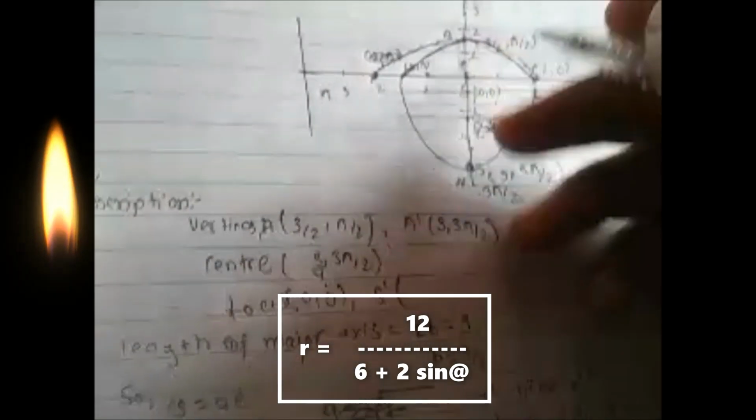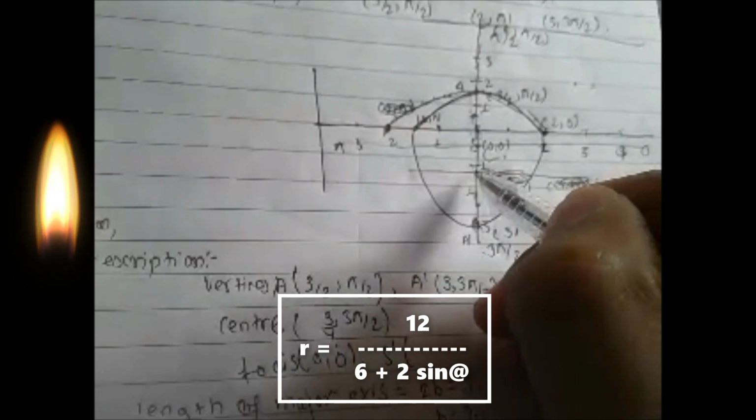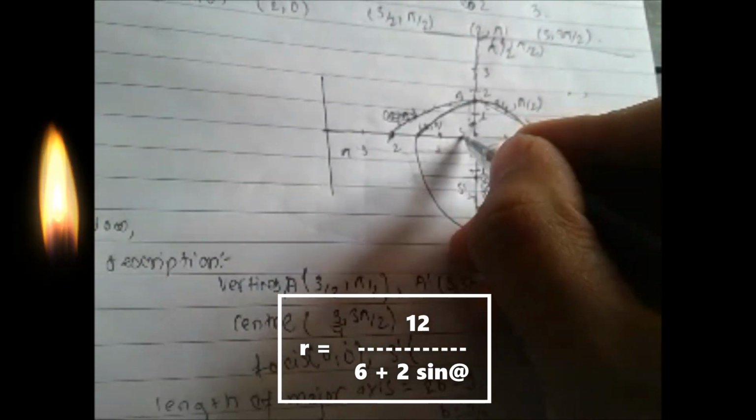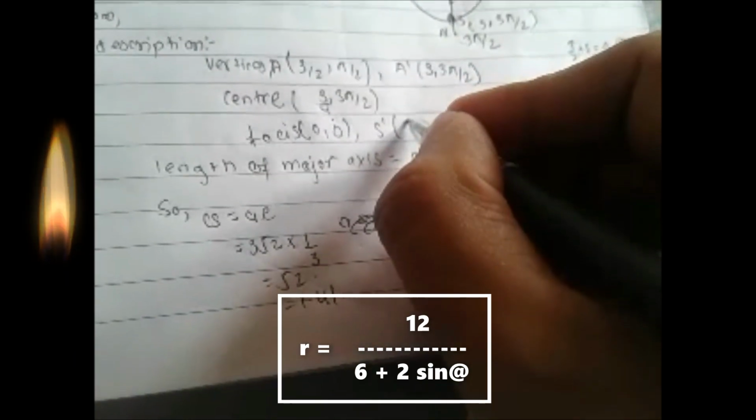So 1.41, where does it lie? This is 1 and 1.41, it lies here, and this is our S dash. This is our center, this is our S, and this is our S dash. What is the value of S dash?